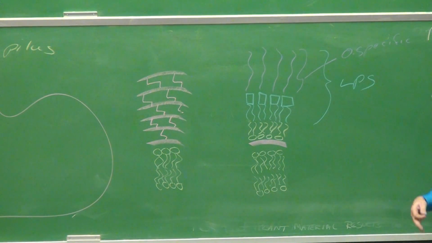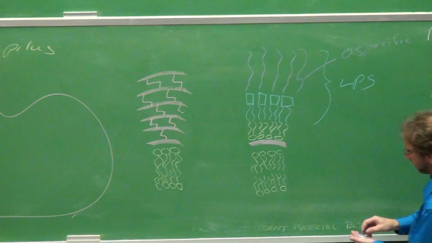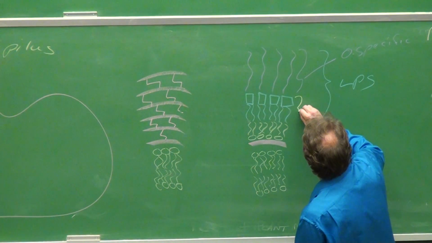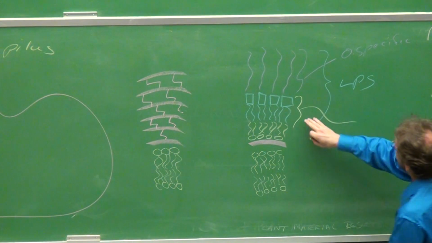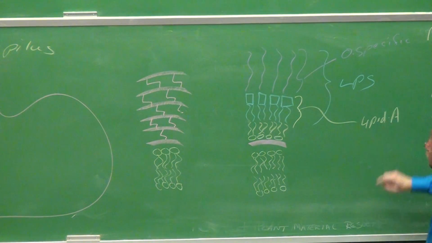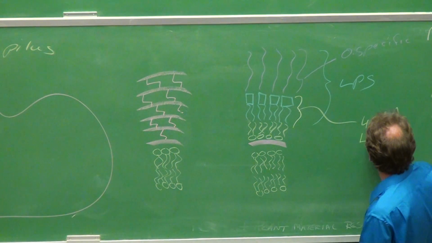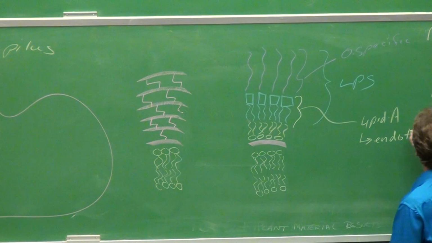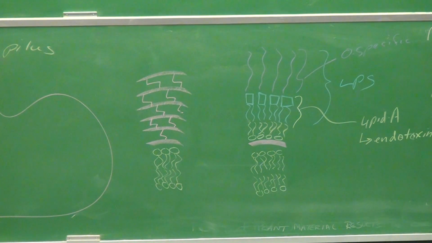Kind of serves as an identifier of the cell. And this is our lipid A molecule. It serves as an endotoxin, triggering an immune response when the exposure is high enough.